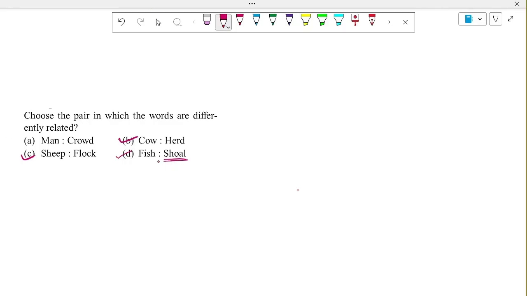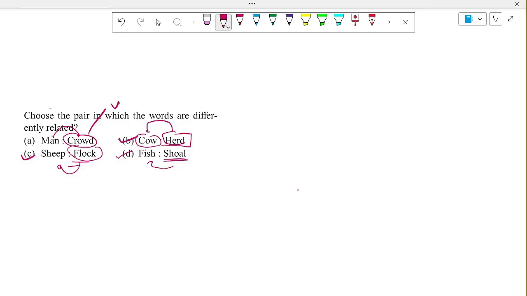These words are a bit difficult because people who have studied science and all may not know these words, because this requires a bit higher vocabulary. Now, herd means a group of cows only, flock is a group of sheep, and shoal is a group of fish. But crowd can be a group of people, not a man.